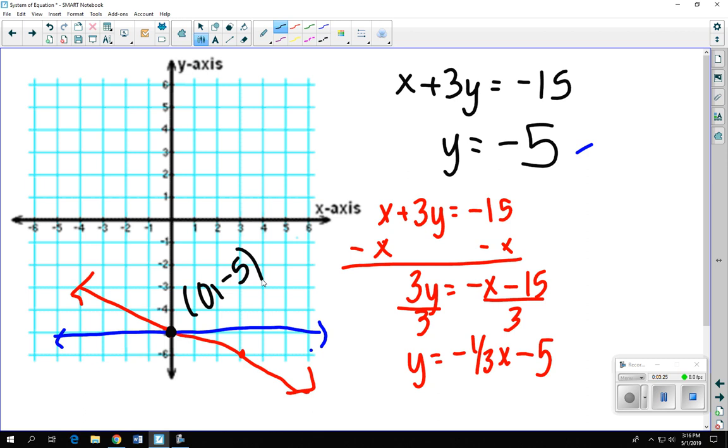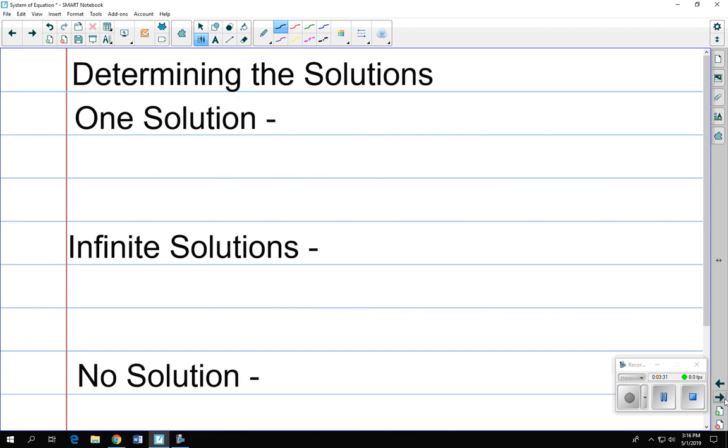Now, on all these questions, you will not always be given a graph. You will have to solve it by hand. And in order to start out, we can look at the equation and determine how many solutions there are going to be. So the first kind of answer that we receive is where there's one solution.